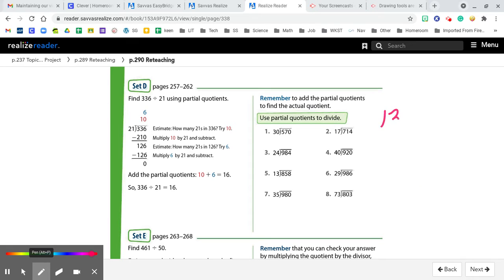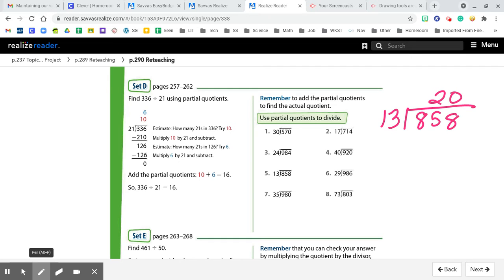For number 5, 13 times 10 is 130. I think I'll be doing that a lot here, so maybe I'll do 13 times 20. So 13 times 2. Notice we're doing a lot of subtraction here.